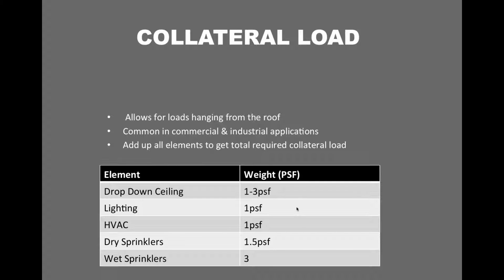So if you've got a wet sprinkler system, an HVAC system, and a lighting system, you would have a 5-pound collateral load. So you'll want to make sure that your plans, or I guess your quote, and your plans, obviously, have this accounted for, if you have any of these items throughout your building.